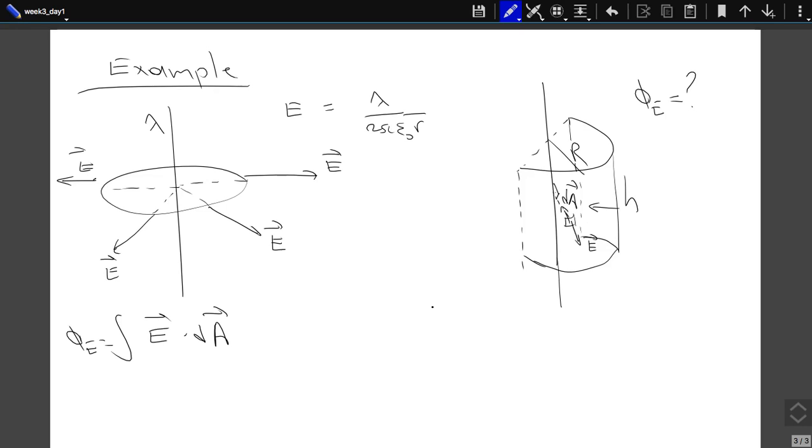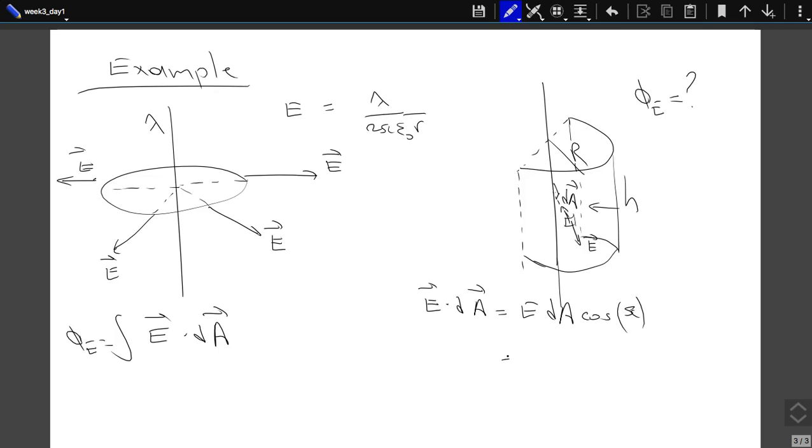So E dot dA would be the magnitude of the electric field times the magnitude of the area element times cosine of the angle between the two. This is dA, this is E. So the angle between the two is 180 degrees or pi radians.